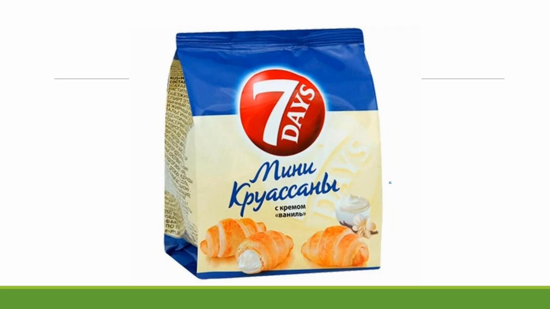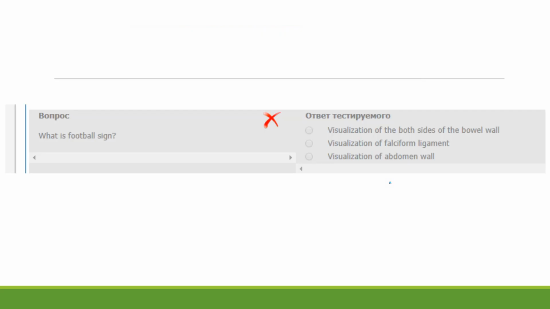Maybe you will understand what a football sign is. The football sign is one sign on X-ray that will help us with pneumoperitoneum.